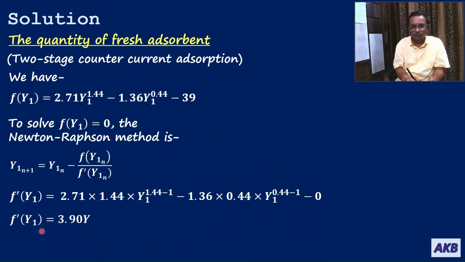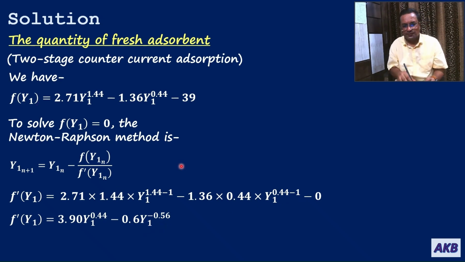So therefore f dash of y1 will be 3.90 y1 raised to 0.44, since 1.44 minus 1 is 0.44, and this multiplication is 0.6, so it is minus 0.6 y1 raised to minus 0.56, since 0.44 minus 1 is minus 0.56. In this way, we have got the derivative of the function.